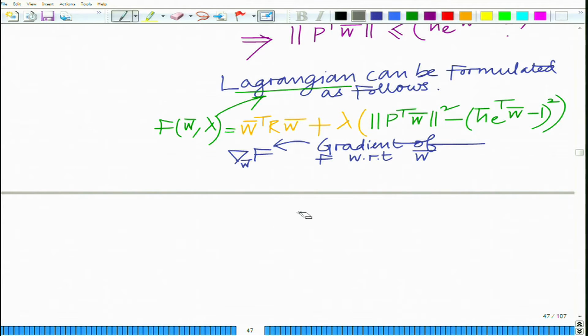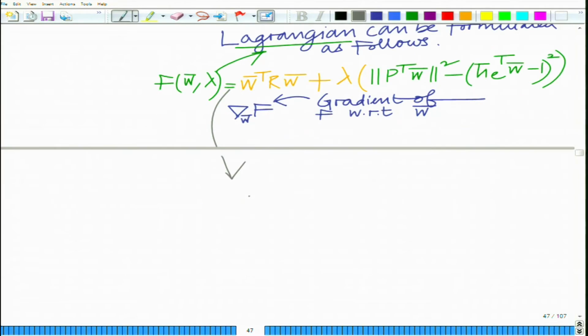Now, even before we take the gradient, let us simplify this a little bit further.